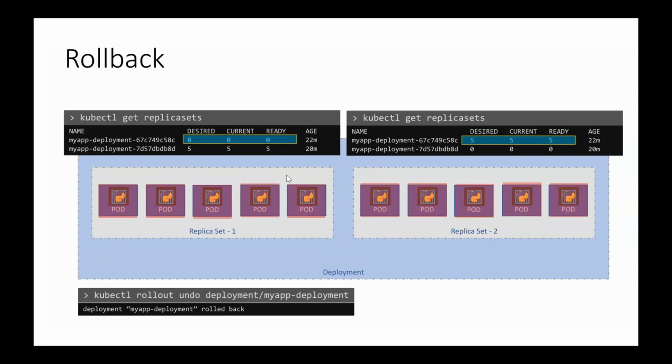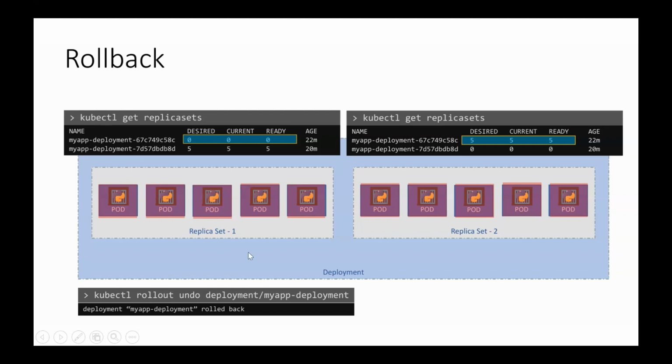Okay, and this is how you can roll back as well. If you want to roll back your application, you will have to roll back to your previous revision. So at this moment we have 0 replicas in my previous replica set.